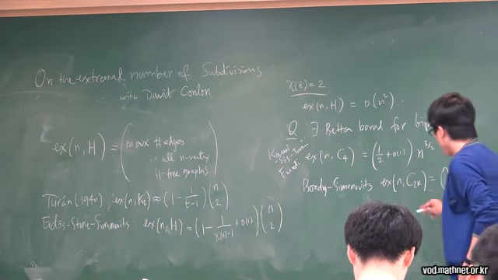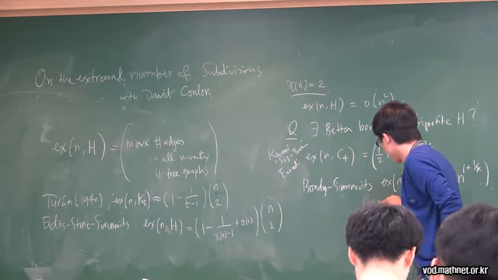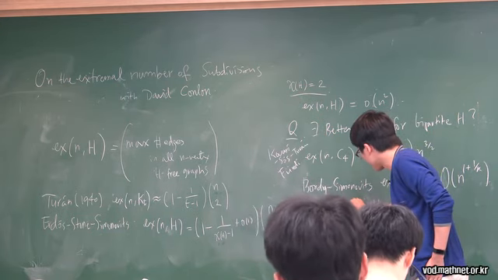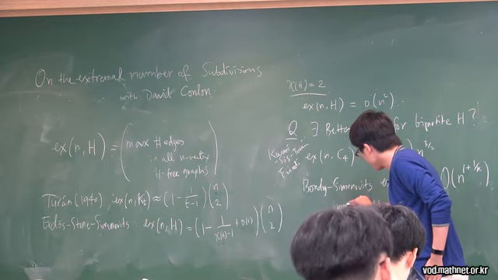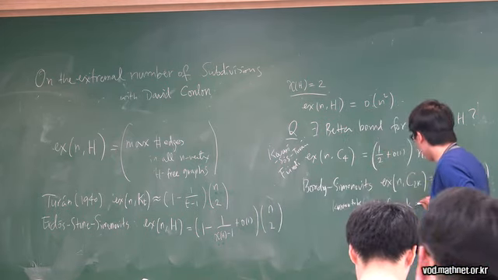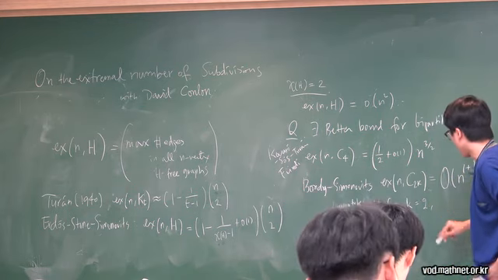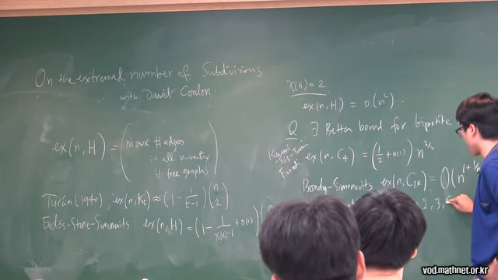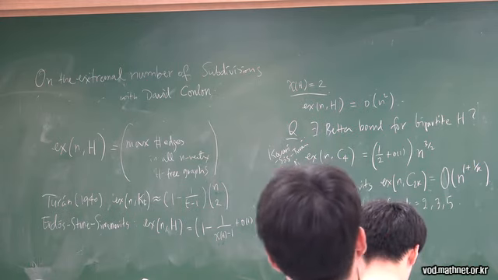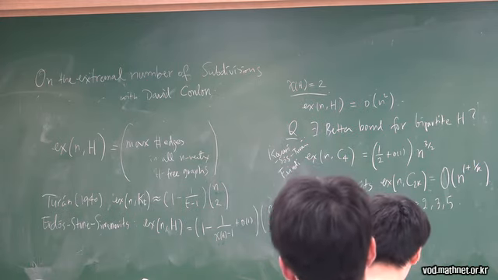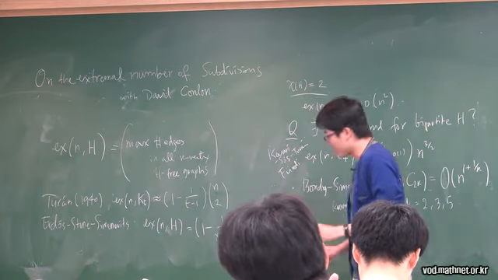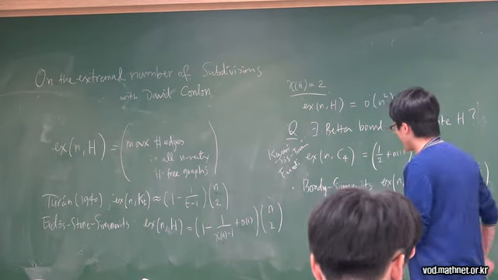And this is known to be tight only for k equals 2, 3 and 5. We still don't know this is correct for 8-cycles, say. It's a bit frustrating, but there are some other results.